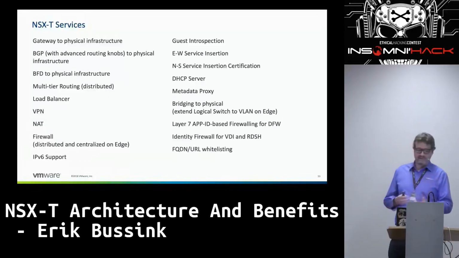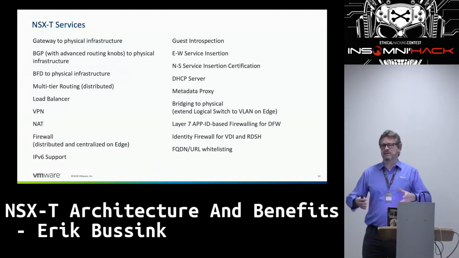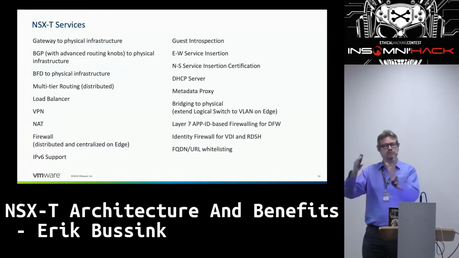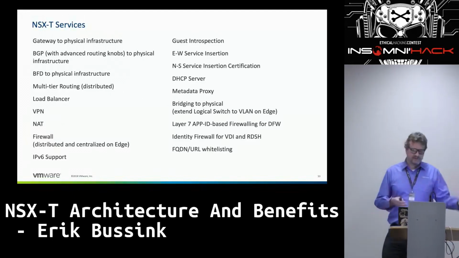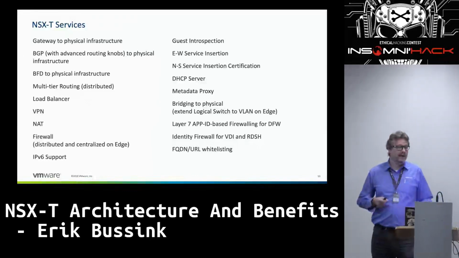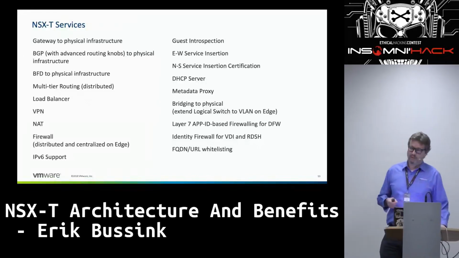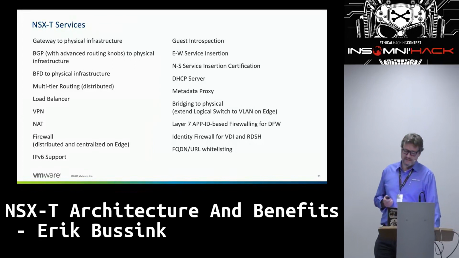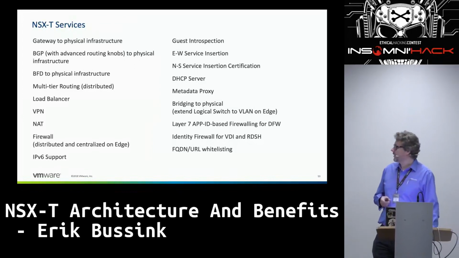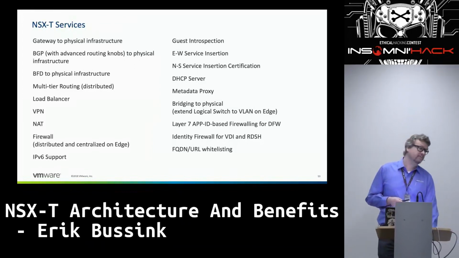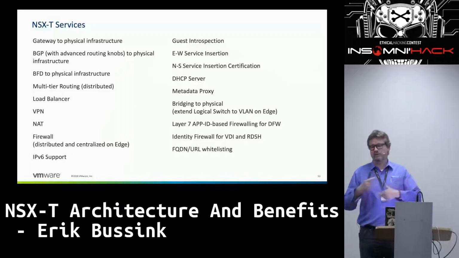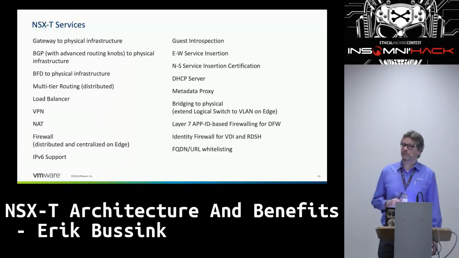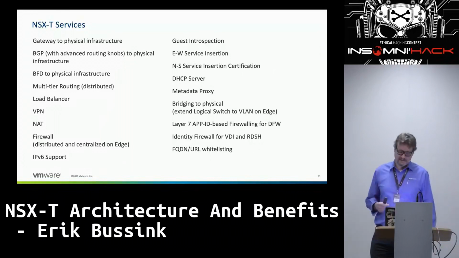We've added IPv6 support. IPv6 being a very big beast, it will come into different phases. We've started with IPv6 addresses, routing, and we'll add more services as time goes by. We've got now guest introspection. So if you've got VDI environment and you want to make sure for using different tools from antivirus providers inside guests.